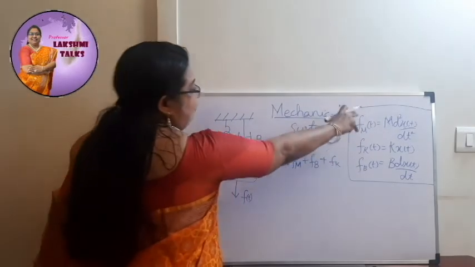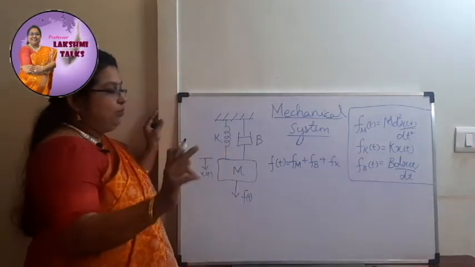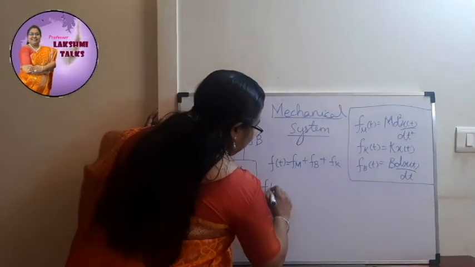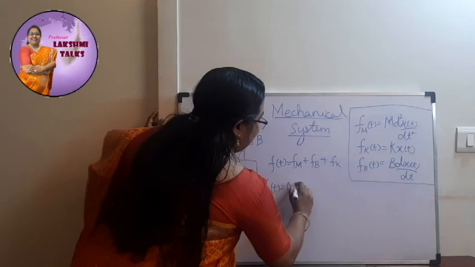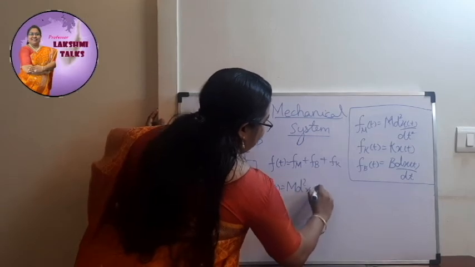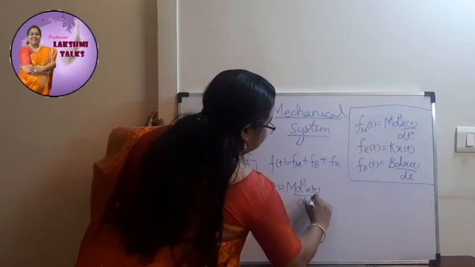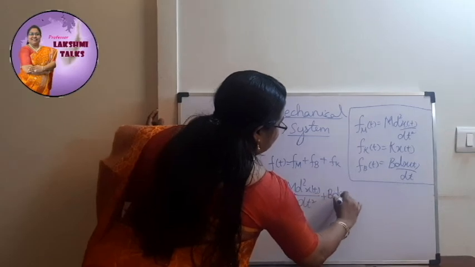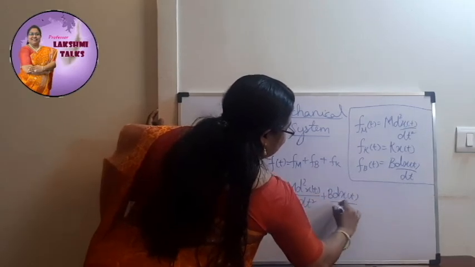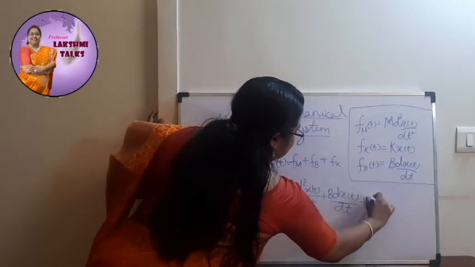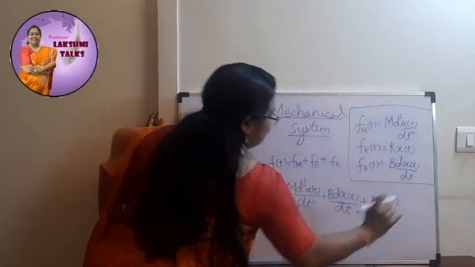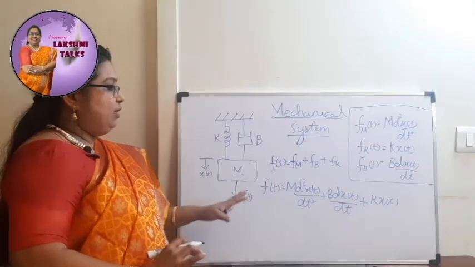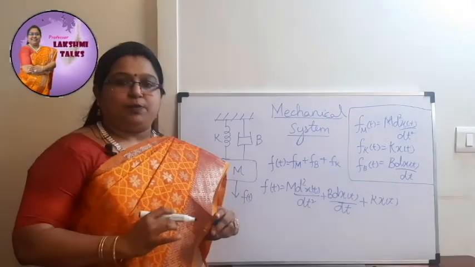We already have the equations individually for mass, spring and damper. So F of t is equal to m d square x of t by dt square plus b dx of t by dt plus k x of t. Is it clear? So this is the equation for a simple mass spring damper system.